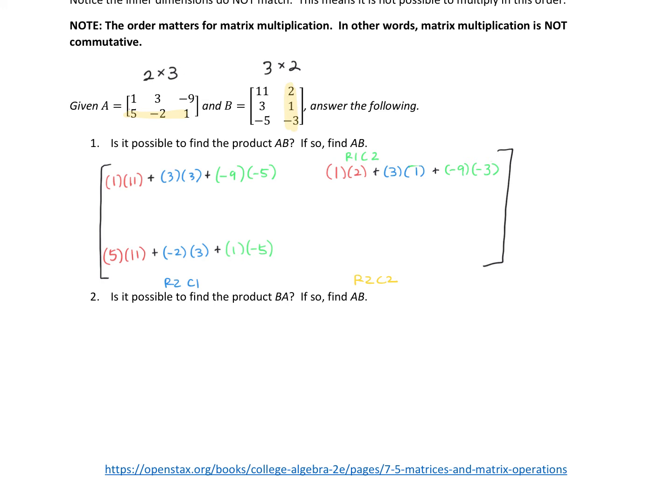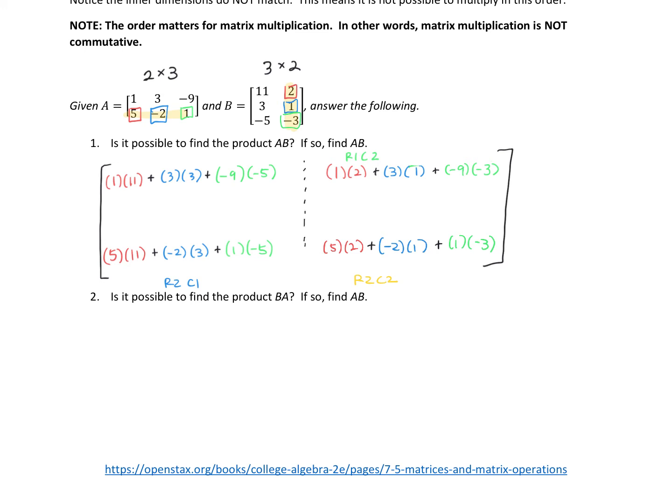So we have 5 times 2 plus -2 times 1 plus 1 times -3. Okay, so now you can see hopefully that we have 4 elements.